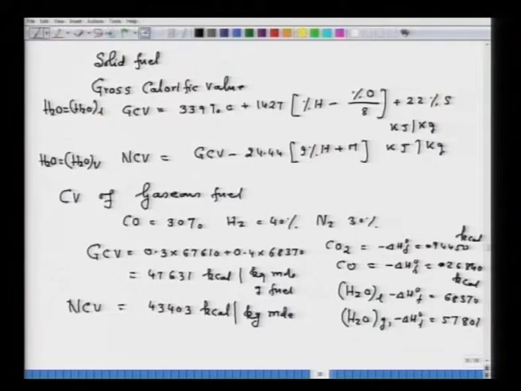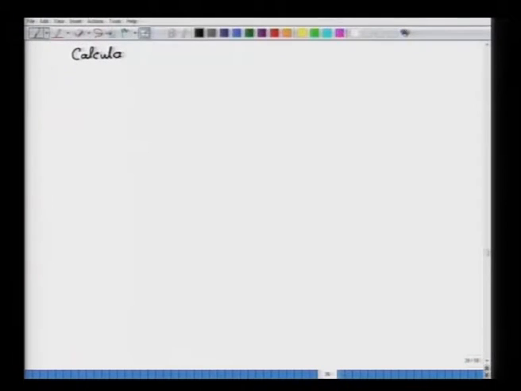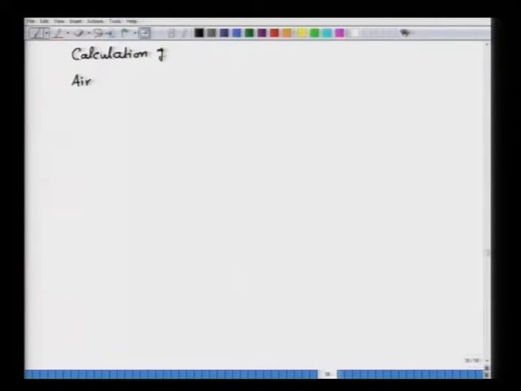Now, another important thing in case of combustion is the calculation of air. Here also you will find a detailed description in my video lecture course on fuel, furnace and refractory. I am giving a very brief account. So, for calculation of air, you may use the stoichiometric amount, which is that amount required for complete combustion, say C to CO2, H2 to H2O.